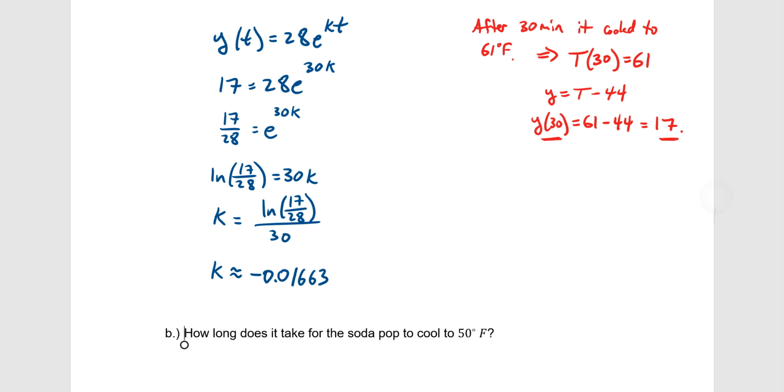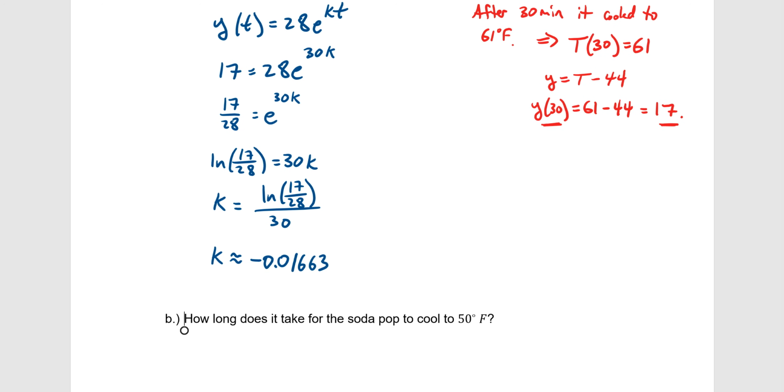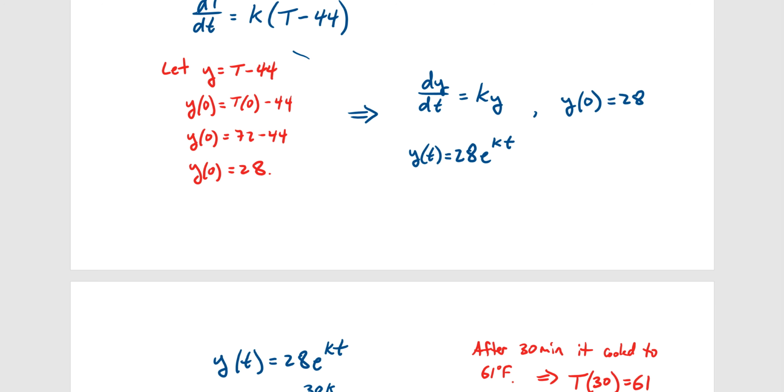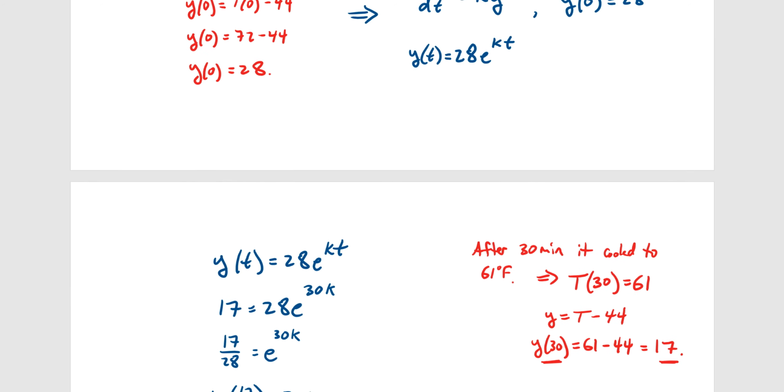Okay, so from all of that, we get the function Y of t equals 28 e to the negative 0.01663t. Let's go one step further before we even answer this question. We know y, so we can use this and solve for T to get the function.